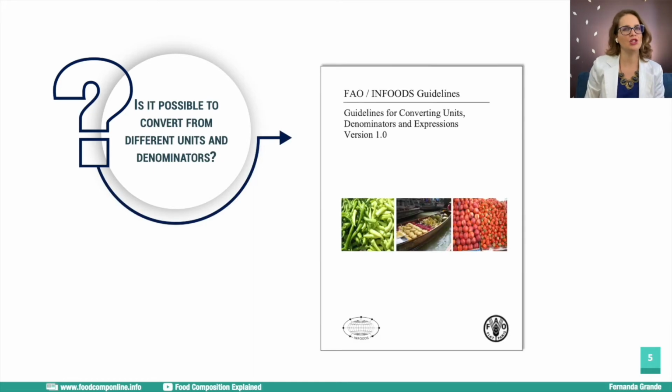We can use as a reference the FAO INFOODS guidelines for converting units, denominators, and expressions to make the appropriate conversions and standardization of our data. So I really recommend that you use this guideline to help you on this process. And I will also leave the link to access the complete guideline here in the video description.